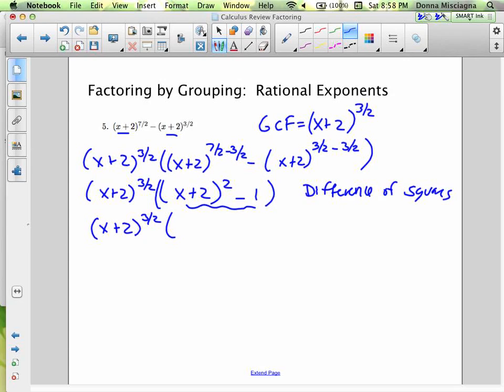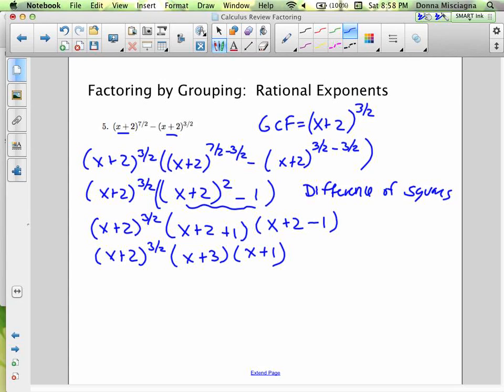All right, so then it would be square root x plus 2 plus square root times square root x plus 2 minus square root. So that's going to be x plus 2 to the 3 halves times x plus 3 times x plus 1. There we go. Much easier.